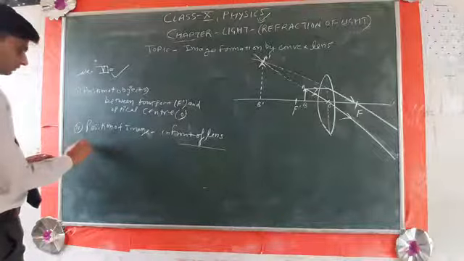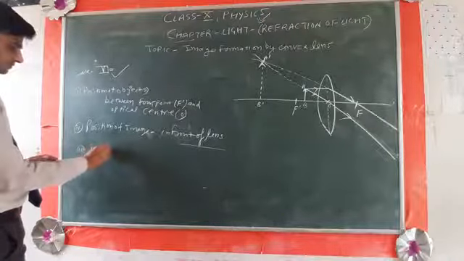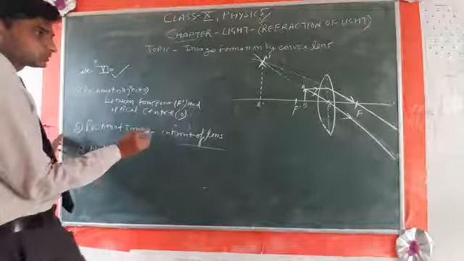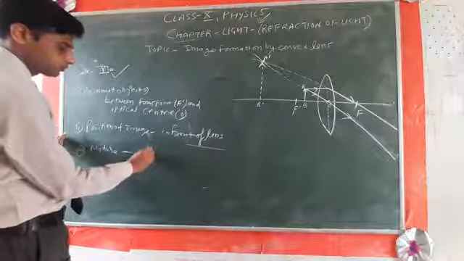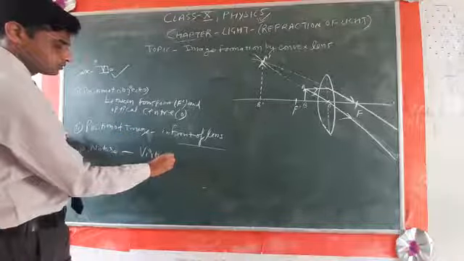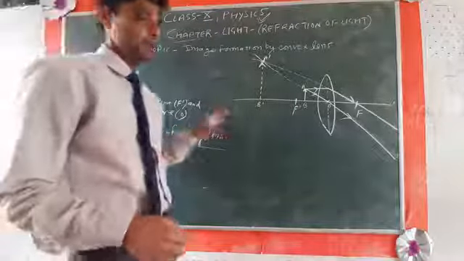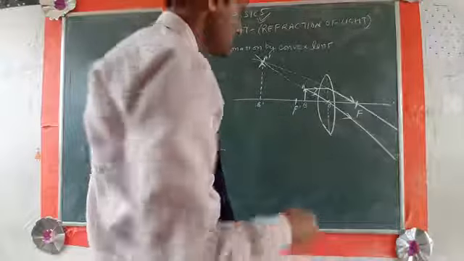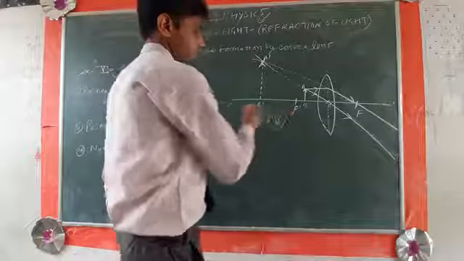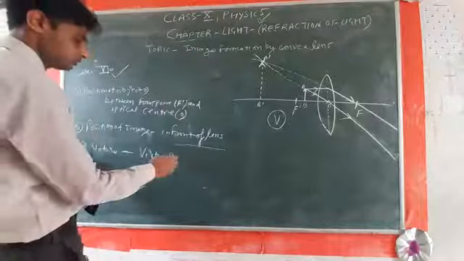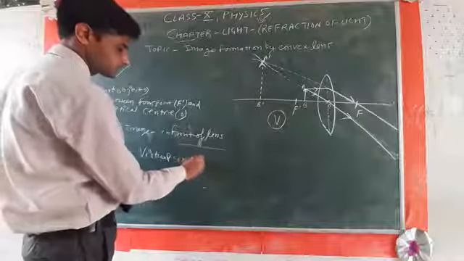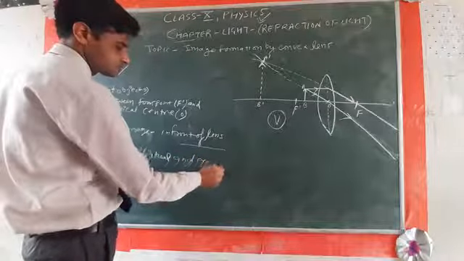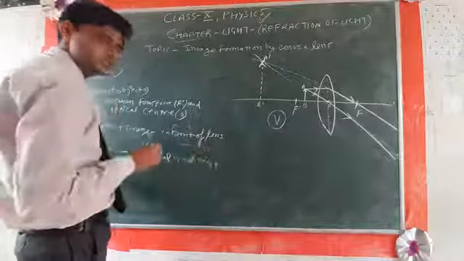The nature is virtual, because as you know, the image obtained in front of the lens is virtual, and erect, because this is straight.